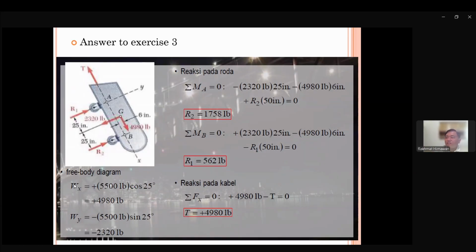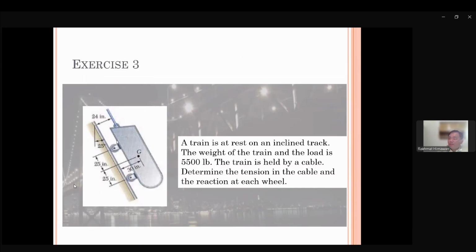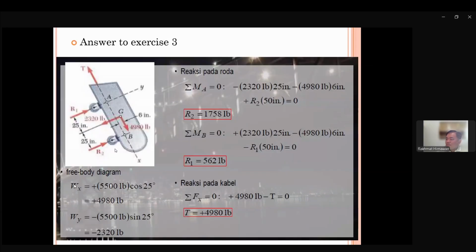Doesn't mean that it's going to rotate because it's not moving at all. None of this is moving, but the rotation effect of point G, of the weight of this train, toward this point B and point A, is just the effect, as if it's going to rotate, even though it's not. And that's the basic of the moment.